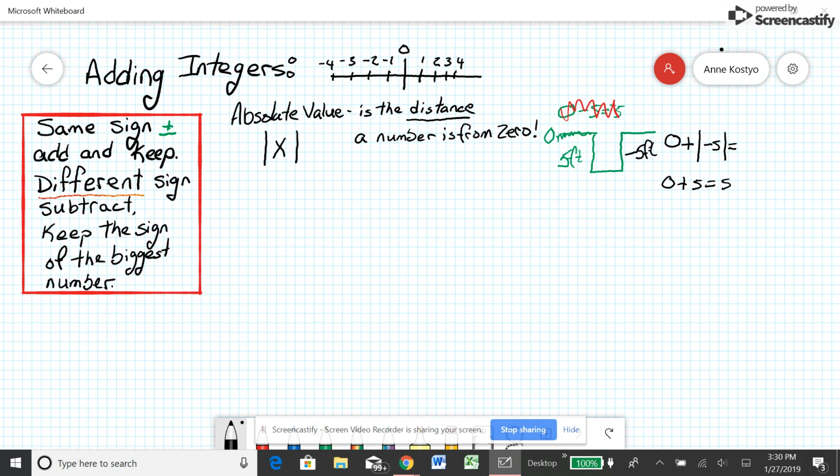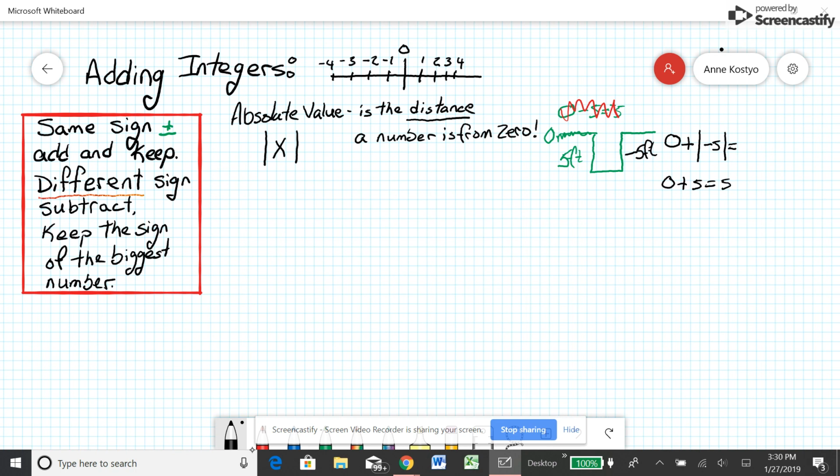All right, that is what absolute values are all about. They're just a distance. So now let's get back to adding integers. I'm going to take a very simple addition problem.